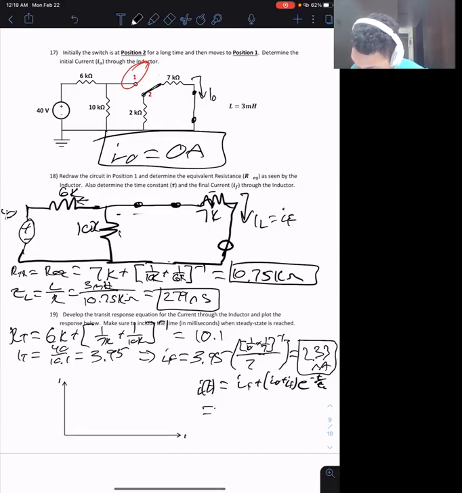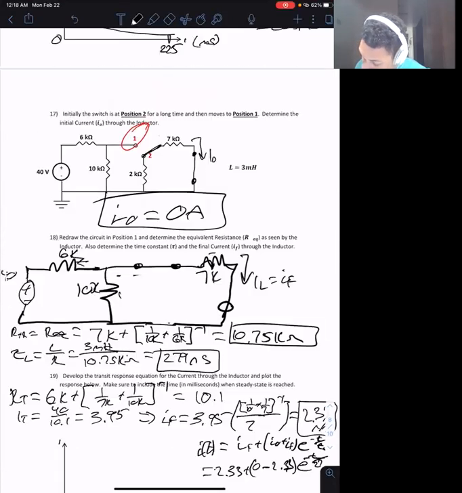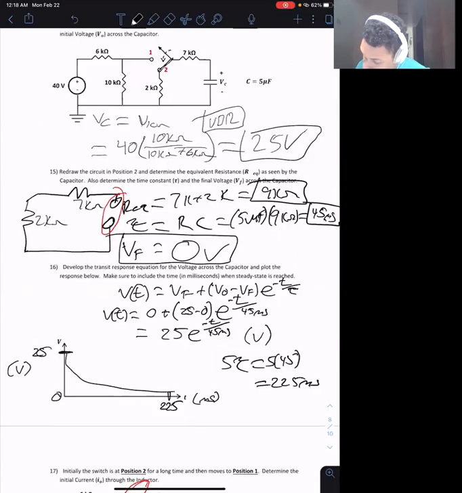So I final is 2.33 plus I initial, which is 0, minus 2.33, e to the negative t over 279 nanoseconds.